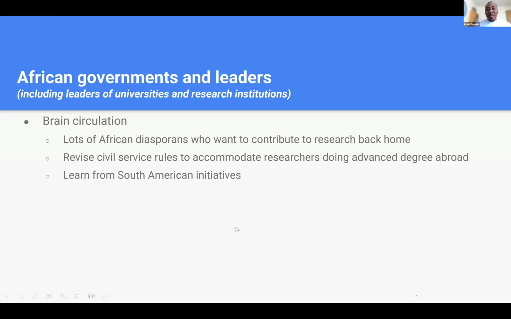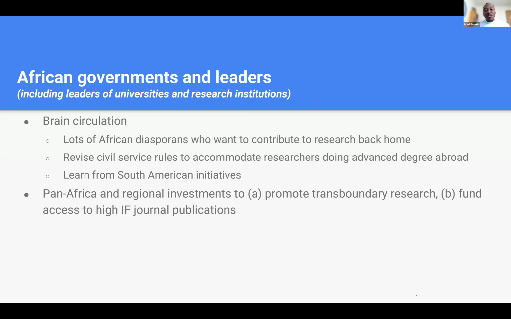We need to learn from the South American initiatives, which include the region promoting transboundary research, regional research, and funding access to high impact factor journals, so that institutions and universities can have access to publications in various journals rather than having to go through a paywall. We need to diversify research funding for universities in Africa.